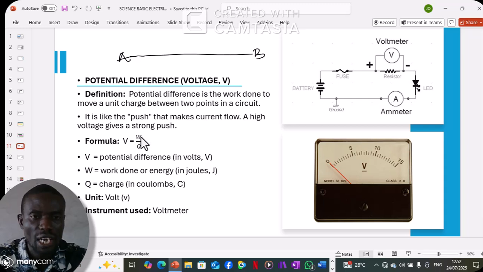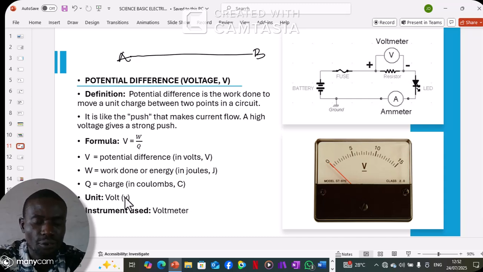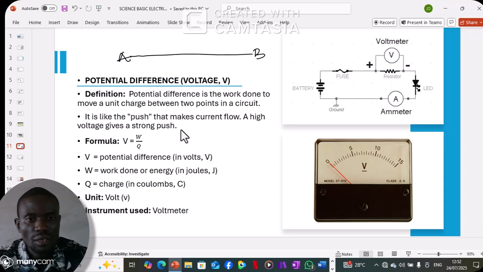Q is charge, W is work, and V is voltage. The unit of electric potential difference is the volt, V-O-L-T-S, volts, or simply V, small letter v.